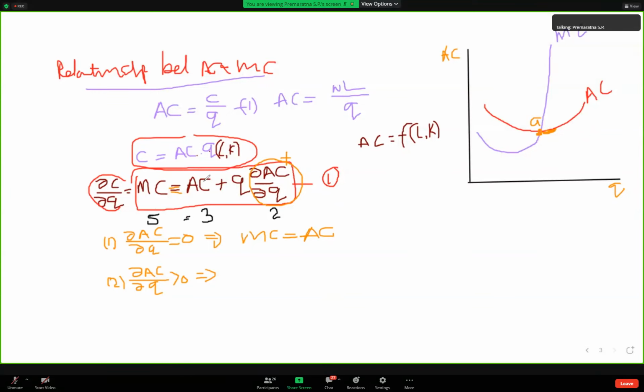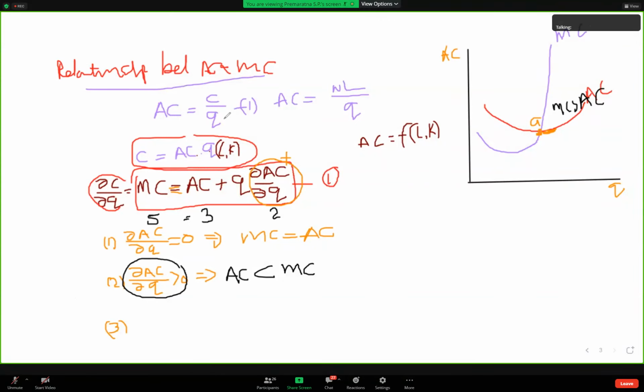So you can see the average cost is less than the marginal cost in the case of positive slope. The second point we are talking about, the area here, the marginal cost is greater than average cost.